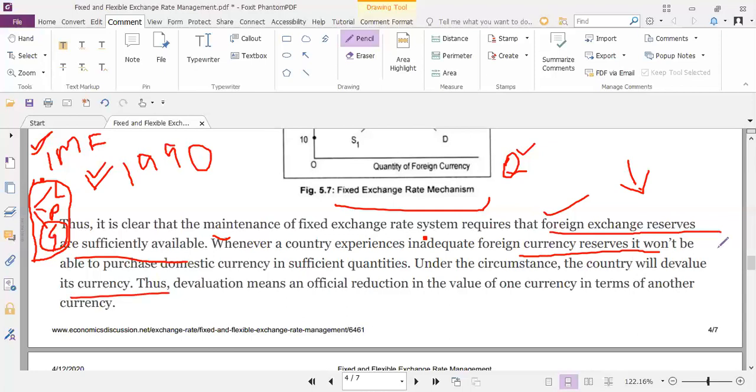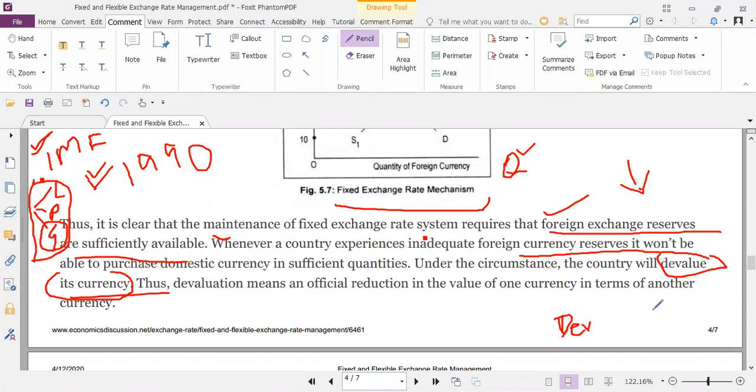So see, we've discussed this point. You all remember we discussed devalue in balance of payments. There was another concept very similar to devalue. Can anyone tell me?